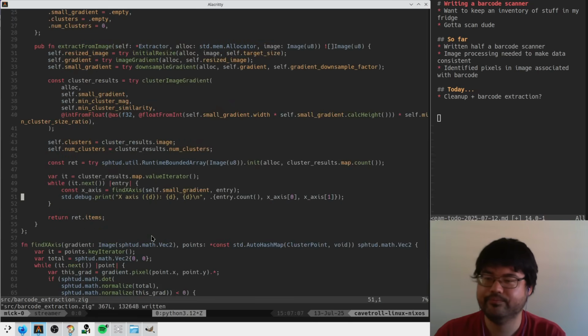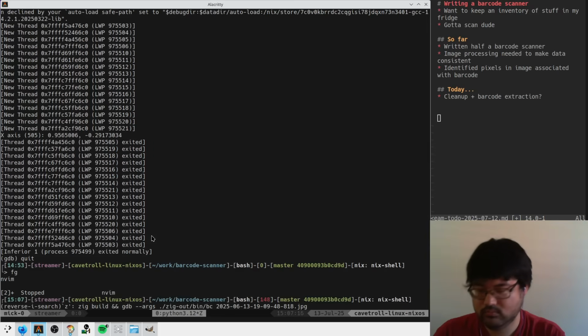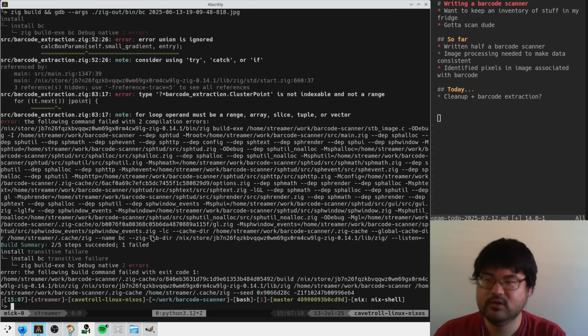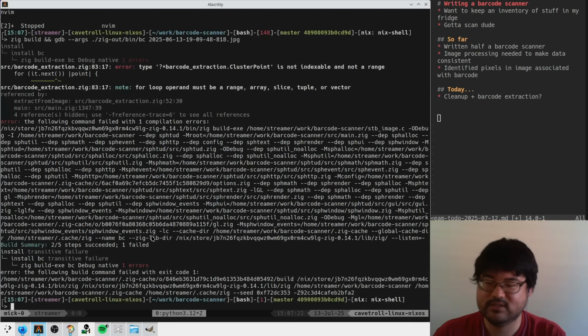Okay. Calc box params, gradient, and entry. Something like this. Something like this.